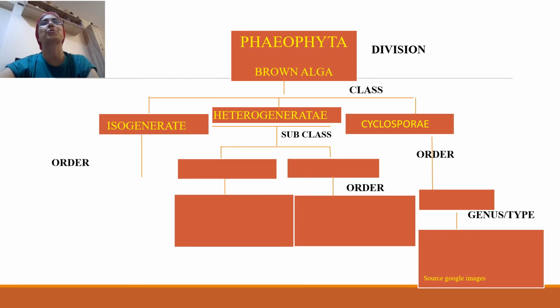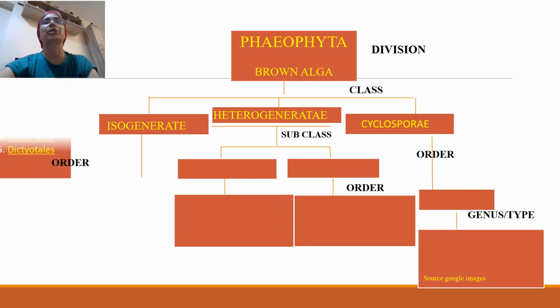Means gametophyte and sporophyte look alike morphologically, but cytologically they are different. Heterogeneratae, in which the heteromorphic type of alternation of generation takes place. And in Cyclosporae, what type of life cycle is there? It is diplontic type of life cycle.